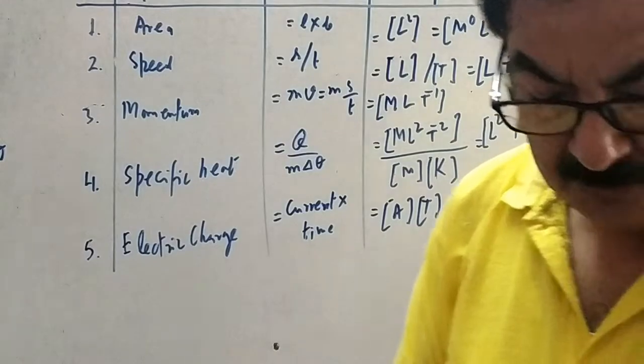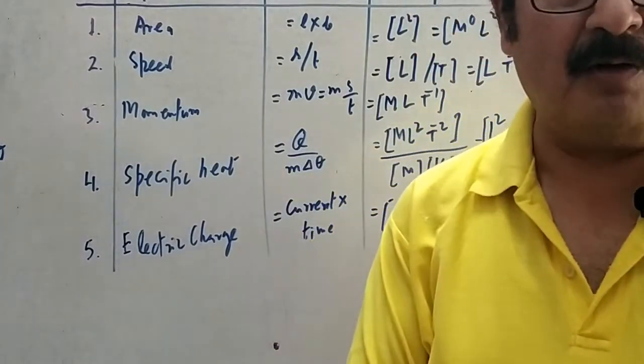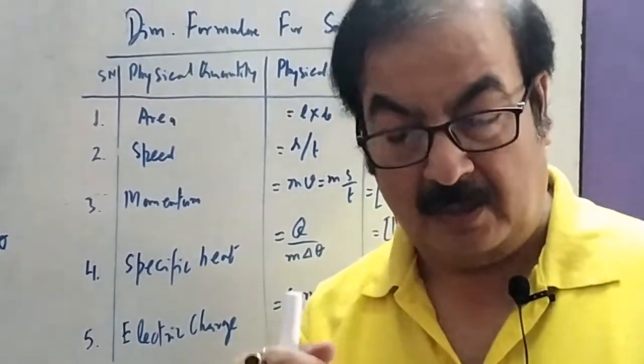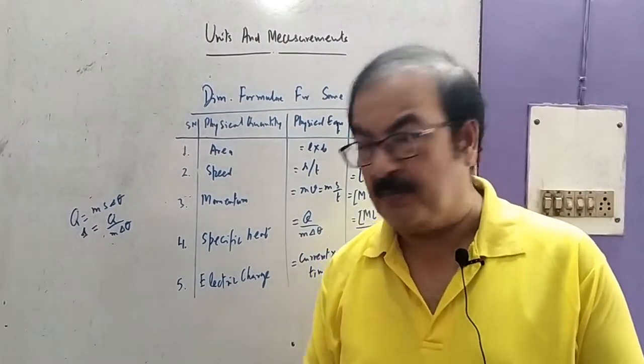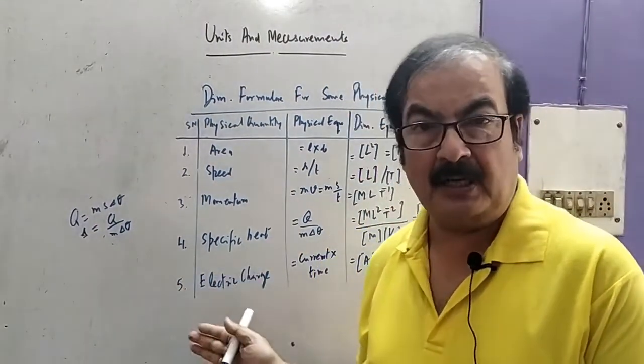And from electric charge you can find out electric potential. From electric potential you can find electric resistance. Everywhere different type of physical quantities can be derived.